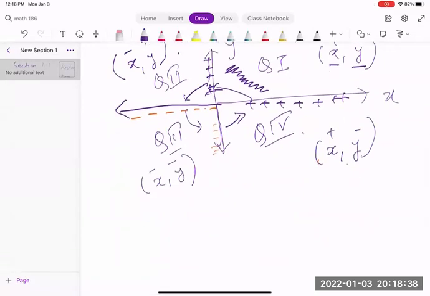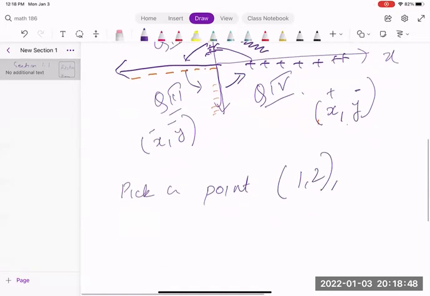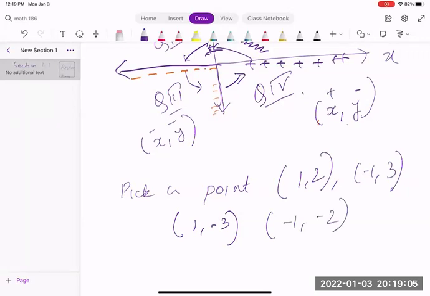Okay, so if we are going to pick some points, let's say pick a point (1, 2). Then we pick a point (-1, 3). Then we pick a point (1, -3). And then the next one will be another point, say (-1, -2).